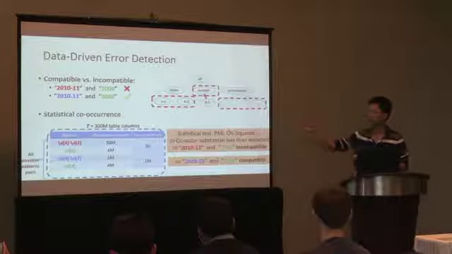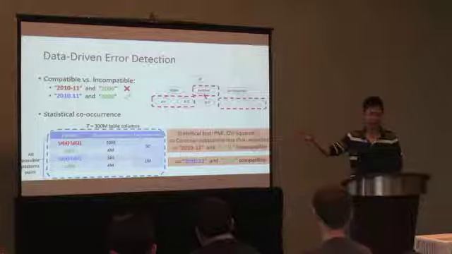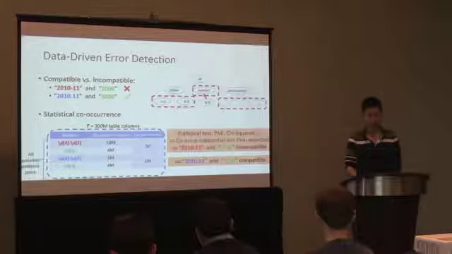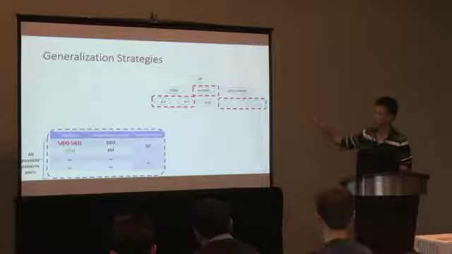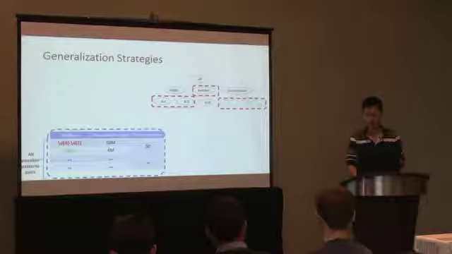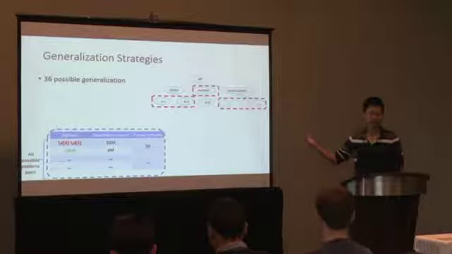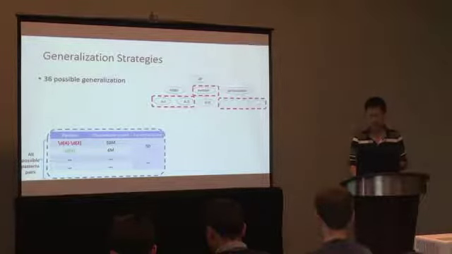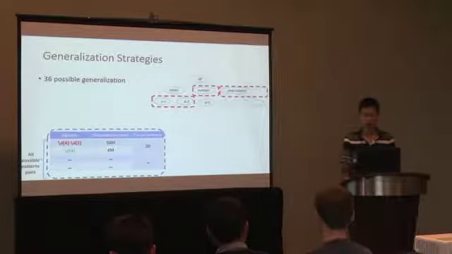So in theory, you need to compute all pairs of patterns and materialize all of those into a big table. And this is only one possible generalization hierarchy. There are actually a total of 36 such generalization strategies. For example, instead of keeping all the punctuation, I can generalize them into a wildcard.